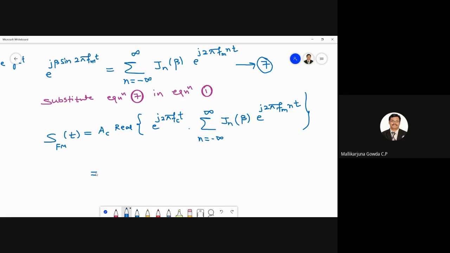Now I can rewrite this. I can take this e power j 2 pi fc t inside.